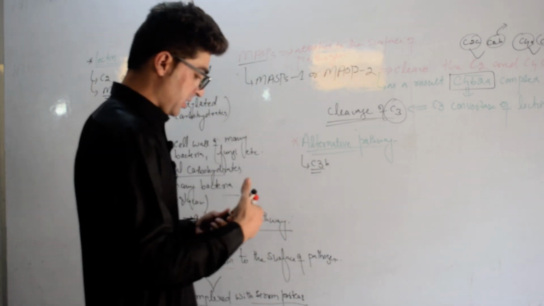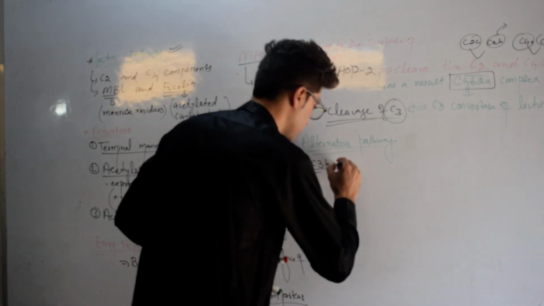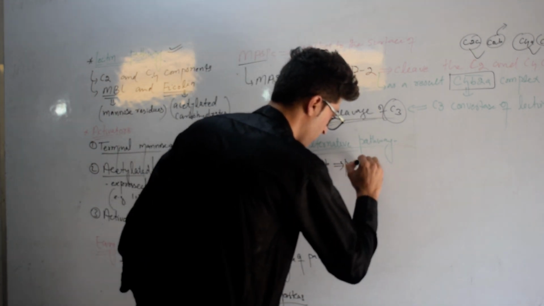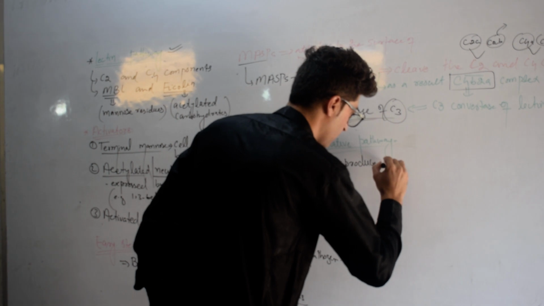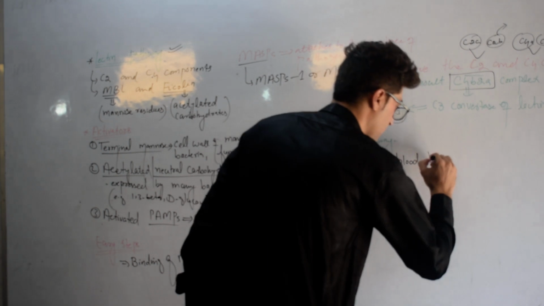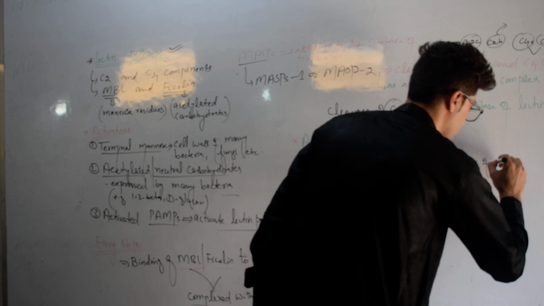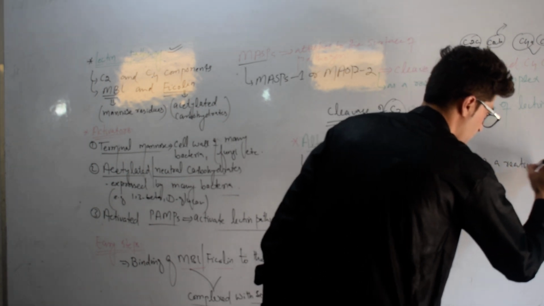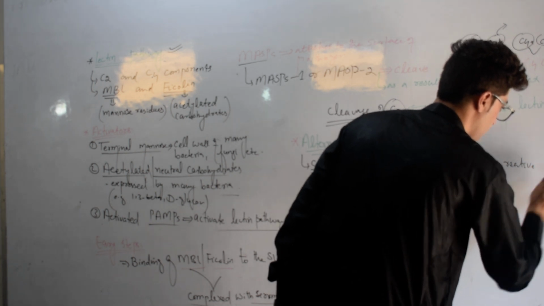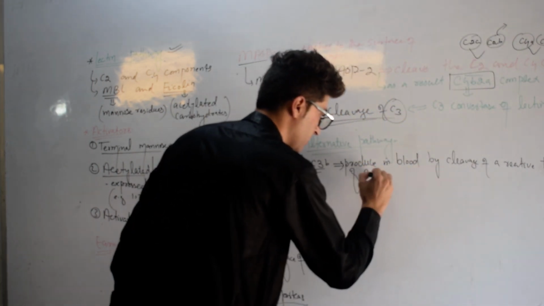Clear? This C3b component is produced in blood by cleavage of a reactive thiol group of the C3 component.